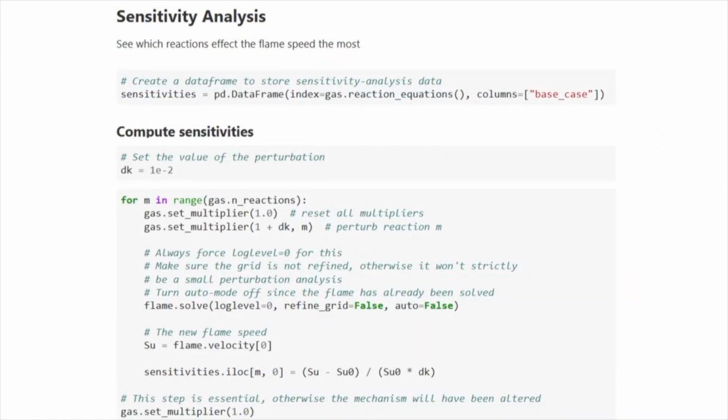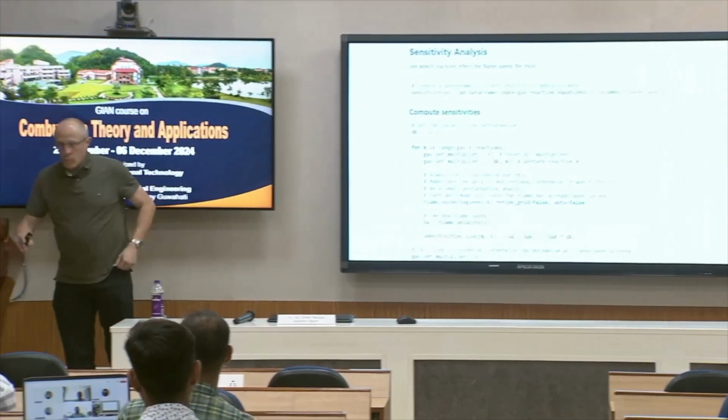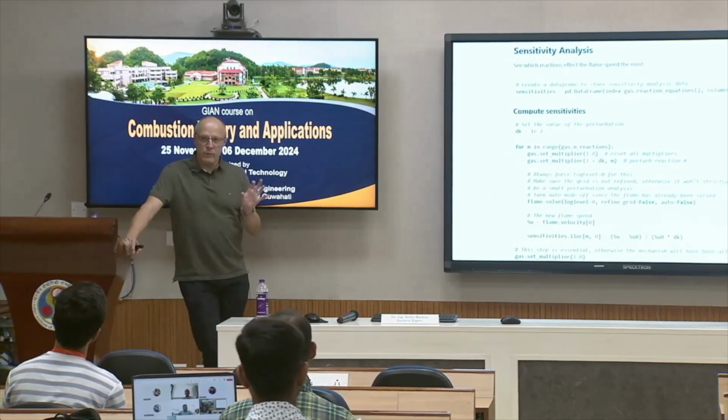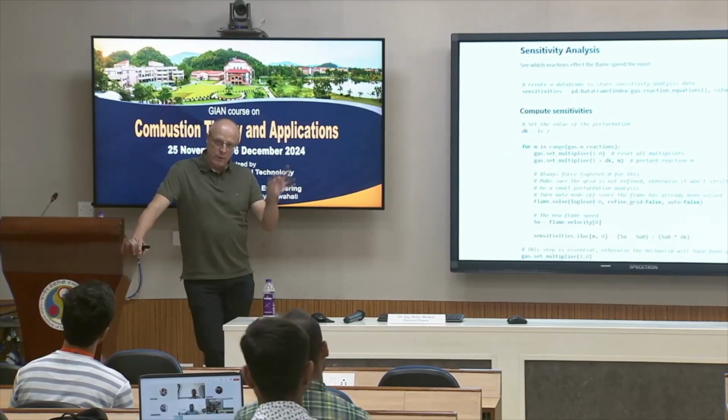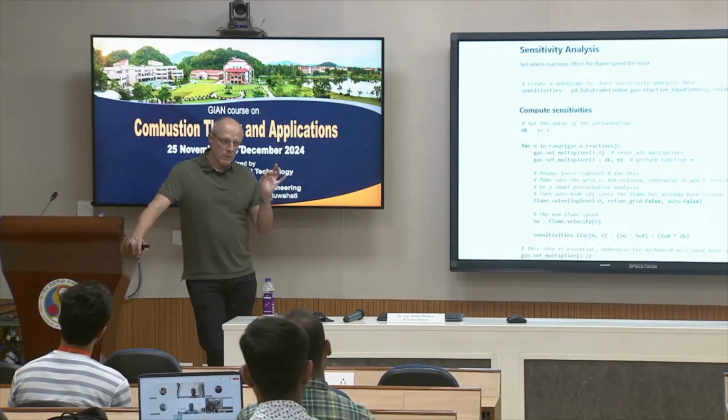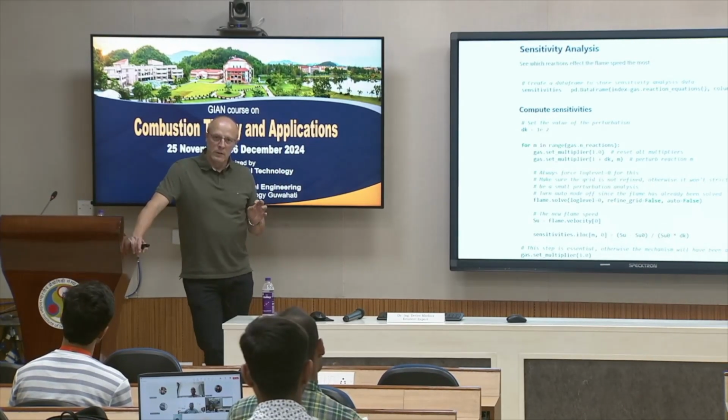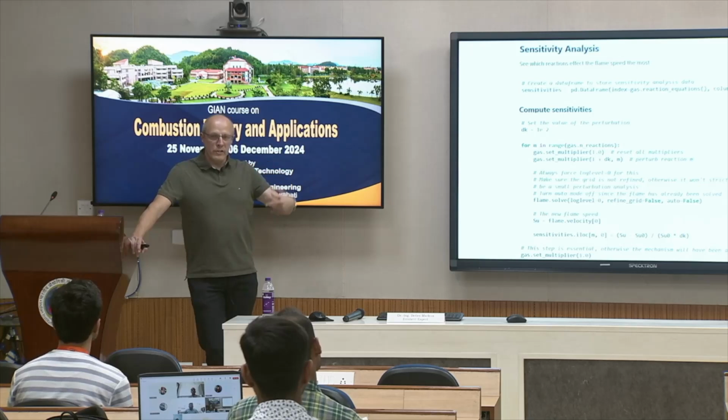So what we add here is also a sensitivity analysis. So we have discussed it already in the morning. When we change our reaction rates for each of our elementary reactions and do the calculations again.